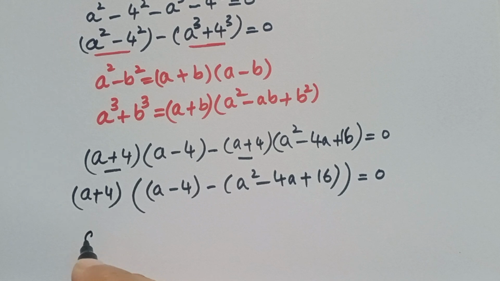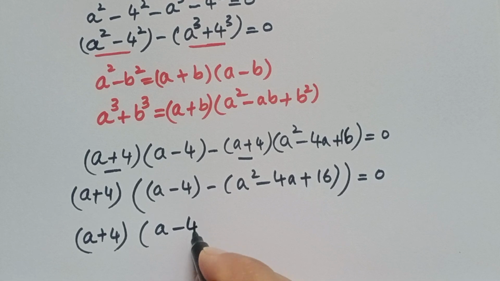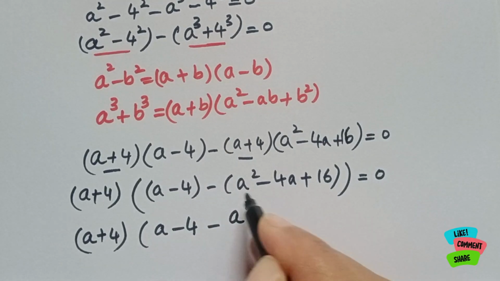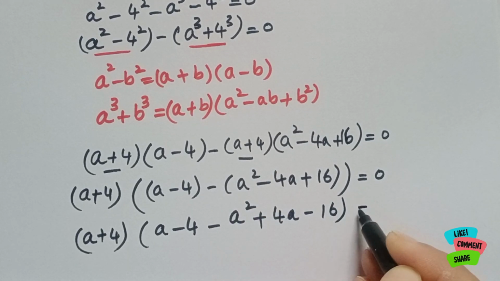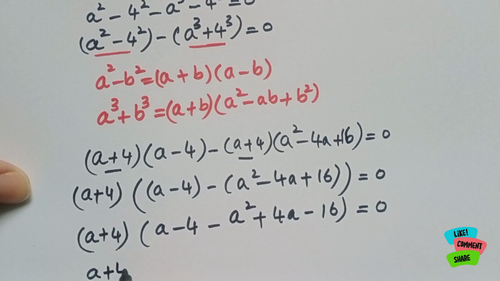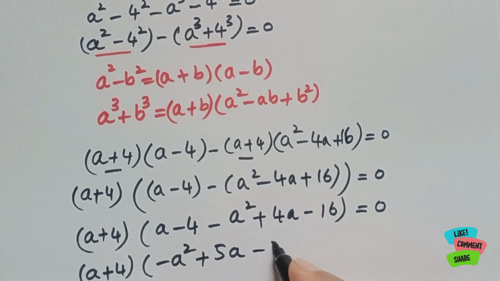So here a plus 4, in our next step we can open these parentheses: a minus 4 minus a square, this minus will make this minus plus, and 4a, this plus will become minus 16 is equal to 0. So here a plus 4, we will arrange this expression: minus a square, then this a and this a will become 5a, and minus 4 and minus 16 will become minus 20.